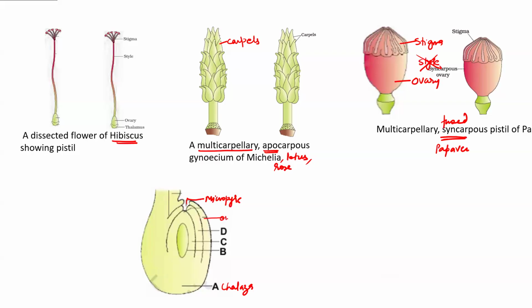This is the outer integument, and this is the inner integument. Please focus where I'm doing the labeling. This is the embryo sac, the female gametophyte. Ploidy is N. And C is the nucellus. Ploidy is 2N.